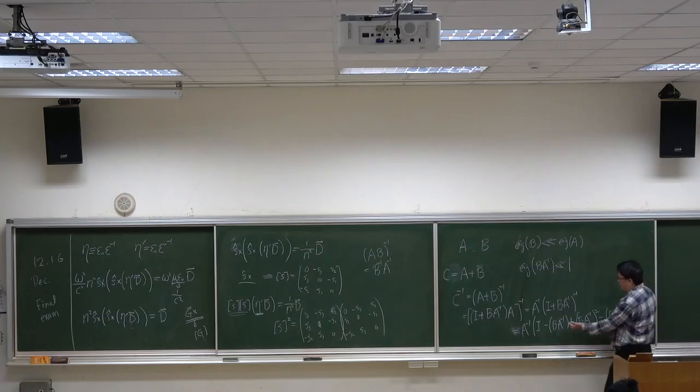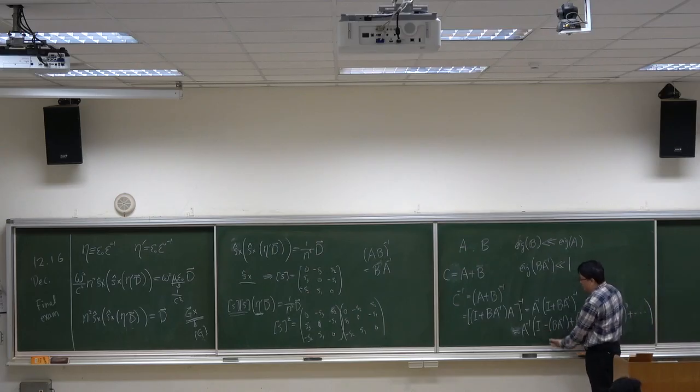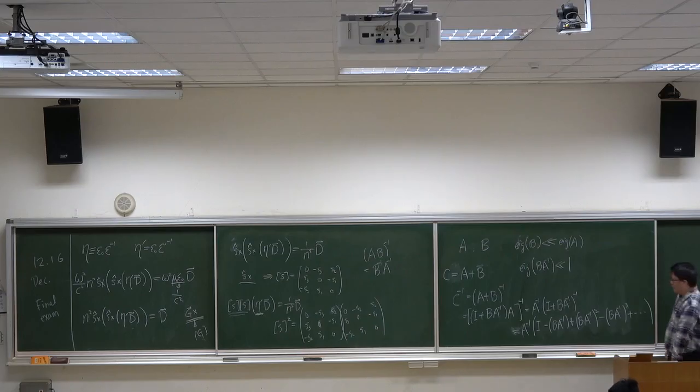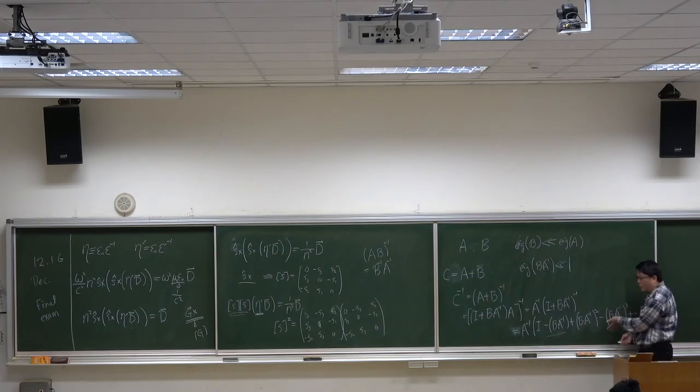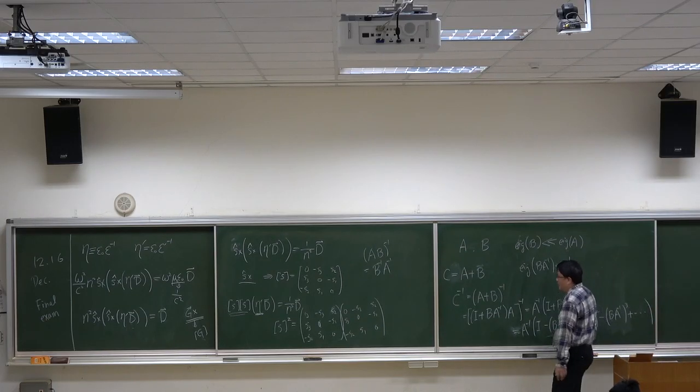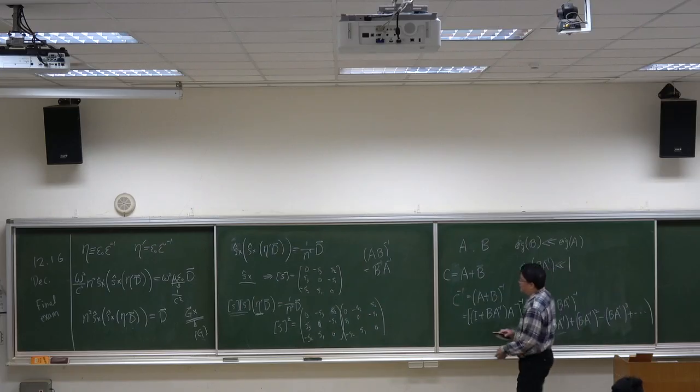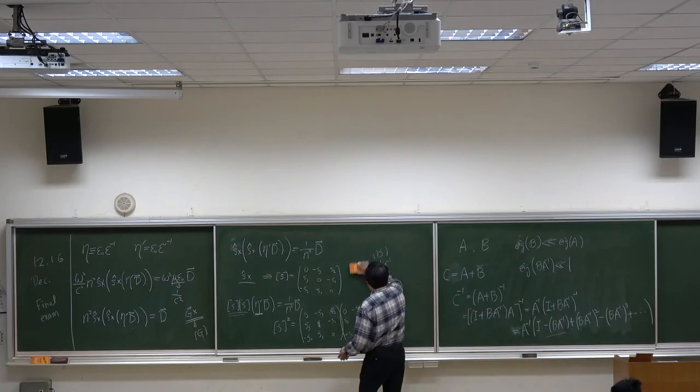Because now every term commute with unit matrix. Okay. So if I keep up only to this term and ignore the higher order term, then I can approximate the result as.